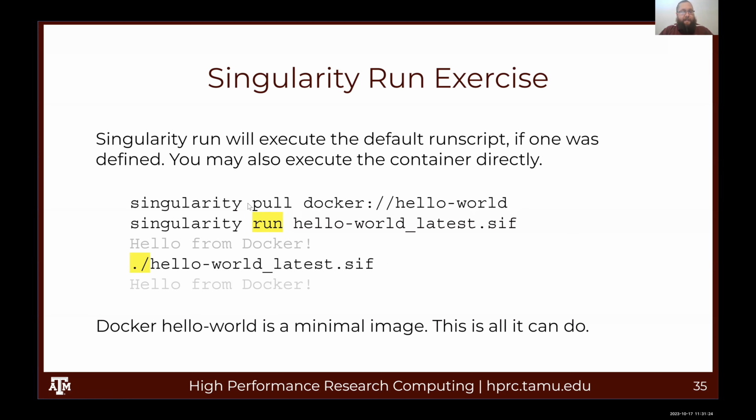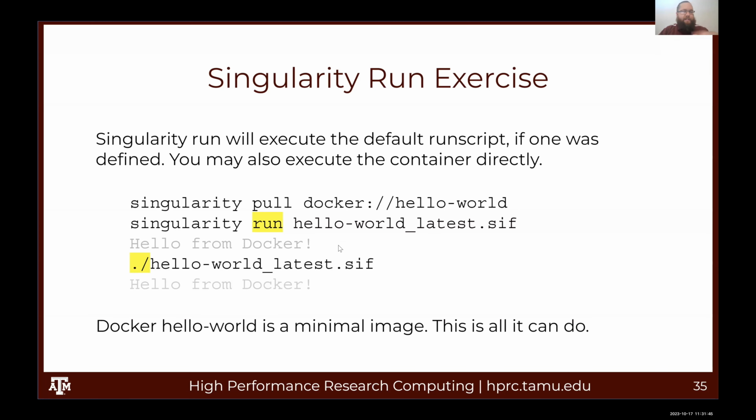So let's execute together as an exercise, singularity pull docker://hello-world. It only takes a split second because it's a tiny image. Then you do singularity run, and then the name of the image file. By default, it's going to be hello-world_latest.sif.